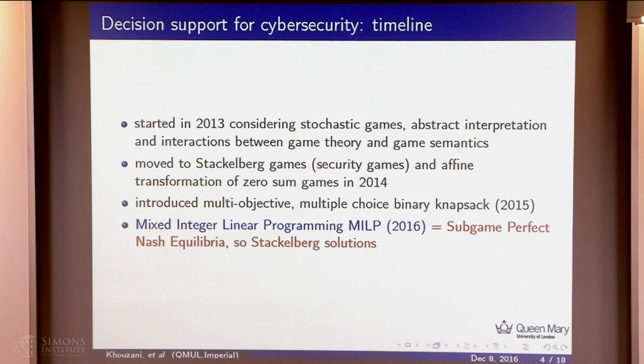But then this year was the big step, by converting this framework faithfully, so we don't even need abstract interpretation, the real game, to mixed integer linear programming. And the solutions that you just saw are subgame perfect Nash equilibria. So there are Nash equilibria, there are Stackelberg solutions, and there are also optimization, MILP solutions, optimal.